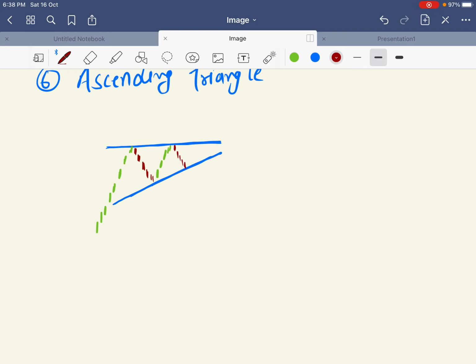So after entering the ascending triangle from a bullish trend, it breaks out at the narrow section side. This is the wider zone, as you can see, this is the wider side, and this side is the narrow side. So after breakout from this triangle, you can take entry here and put your stop loss inside the triangle and look for a bigger target accordingly.